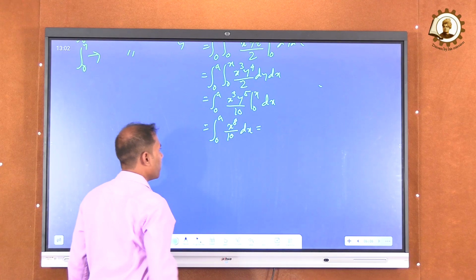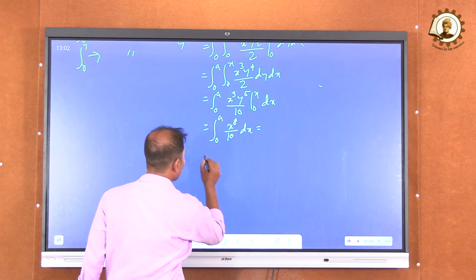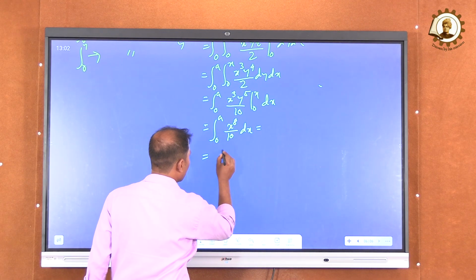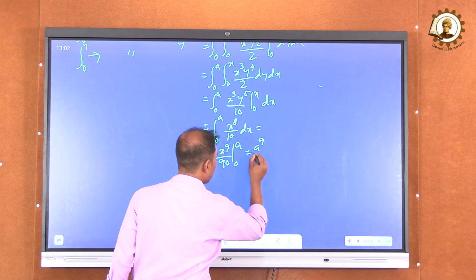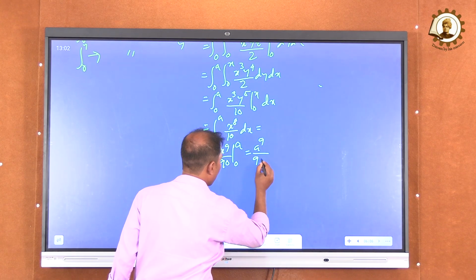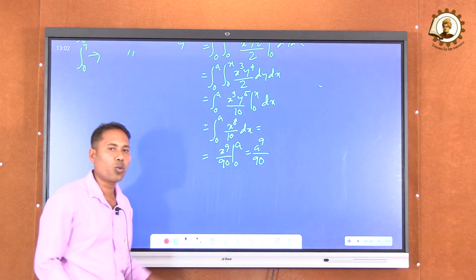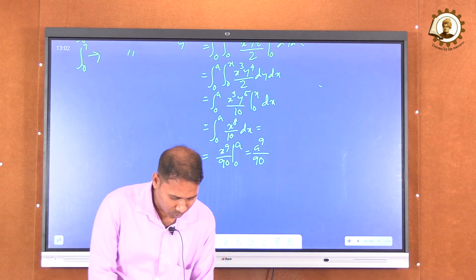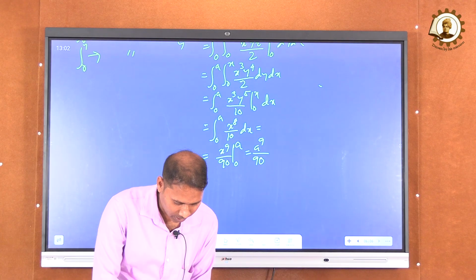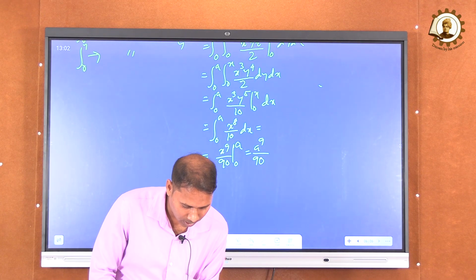Again we integrate, a simple one-dimensional integration: x to the power 9 by 90, from 0 to a, that is a to the power 9 by 90. This is one example.